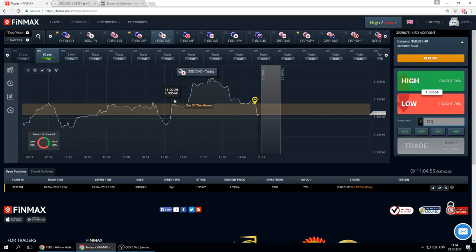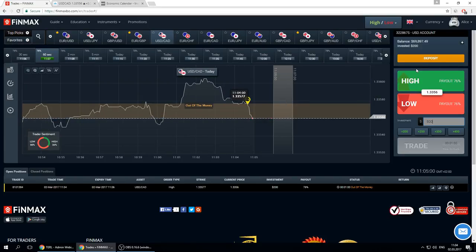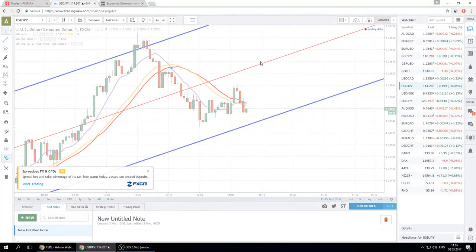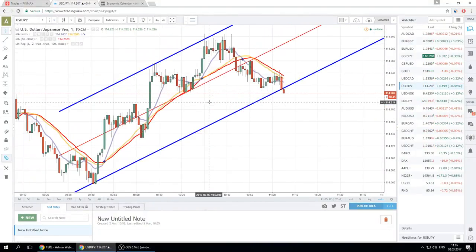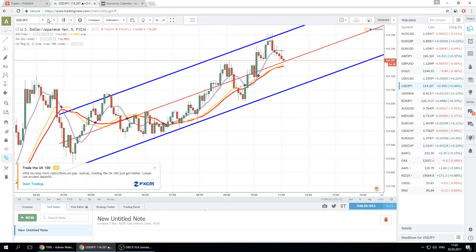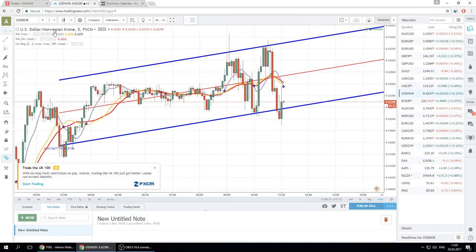Prepare everything for opening the second trade. And meanwhile, we'll search for more options to trade. So in this chart we see that American dollar is falling. Let's switch to 5 minutes. Also, here not that clear.